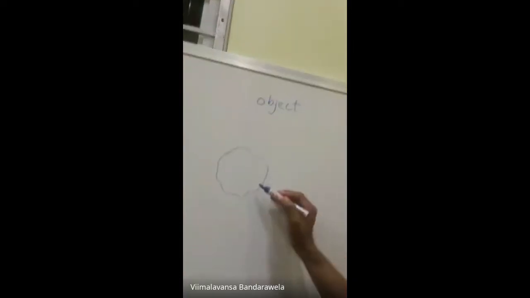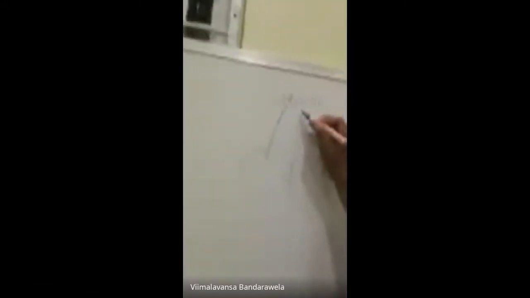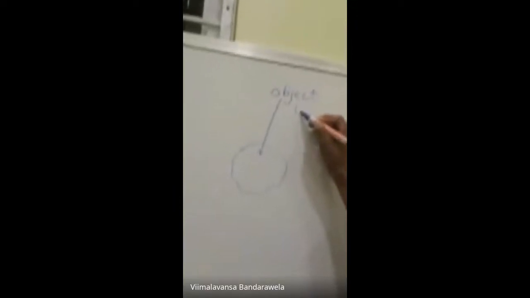You want to see this from the meditation. For example, this is the object. Now, this object is a lustful object.